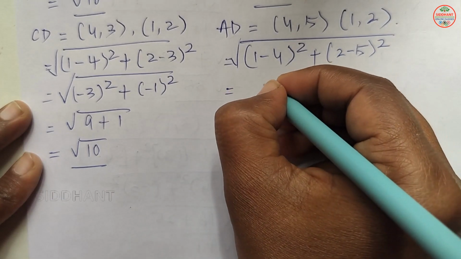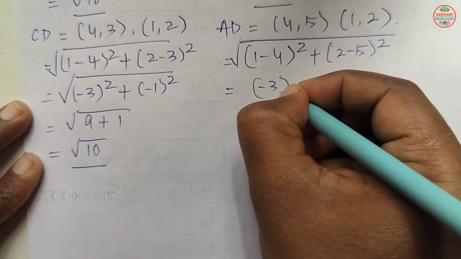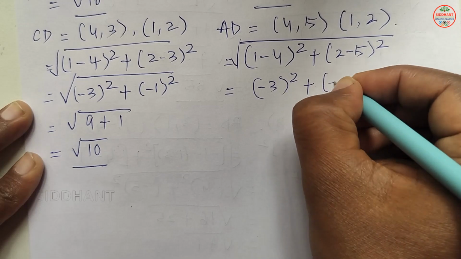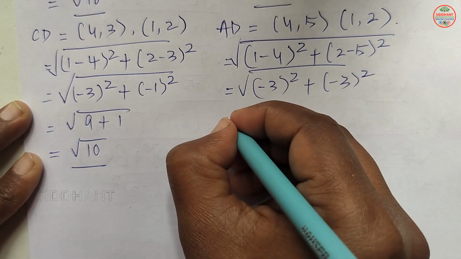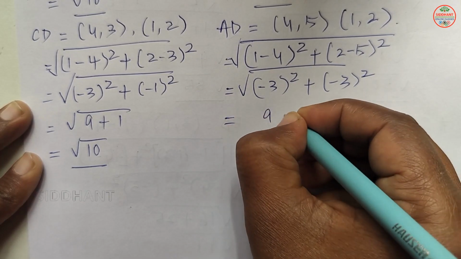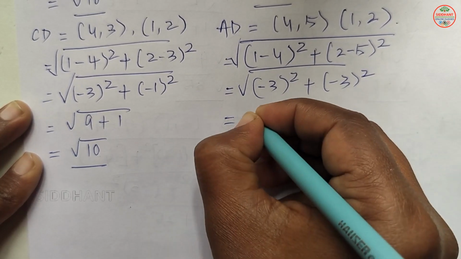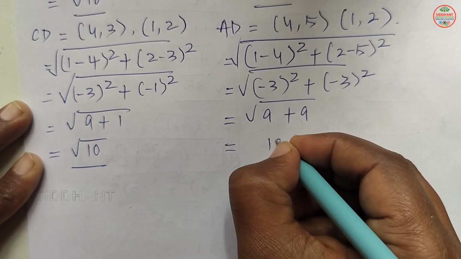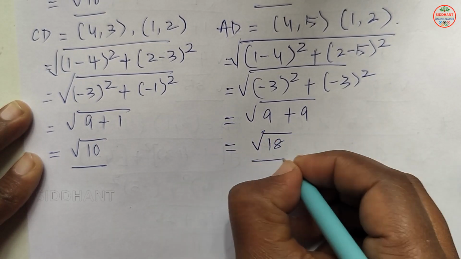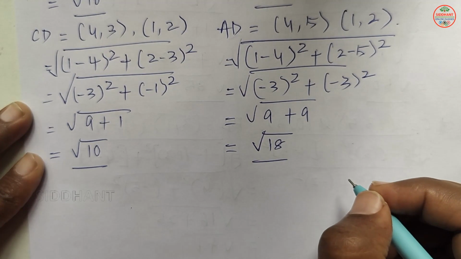So that will be minus 3 whole square plus minus 3 whole square. So minus 3 square will be 9, and here also 3 square 9. So that will be 9 plus 9, 18. So AD is root 18. Now sides we have seen.